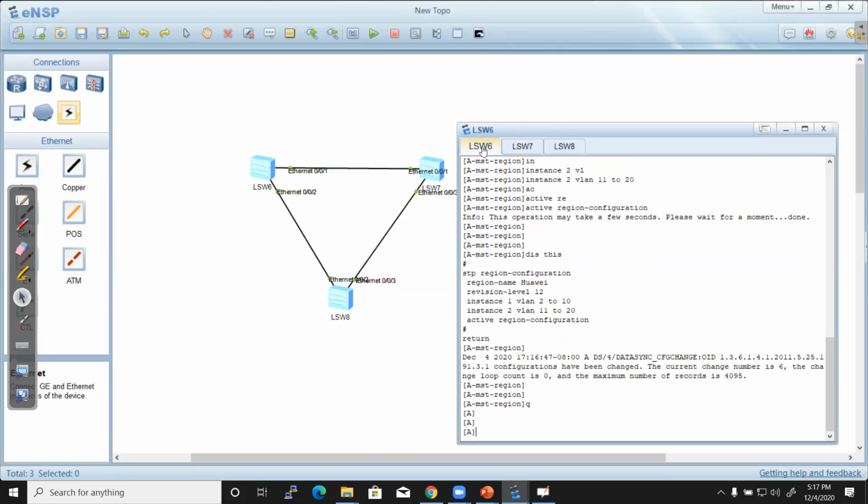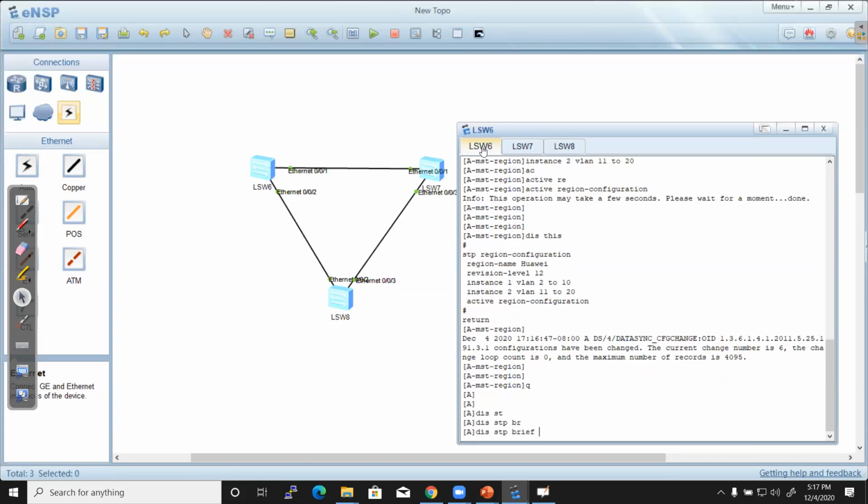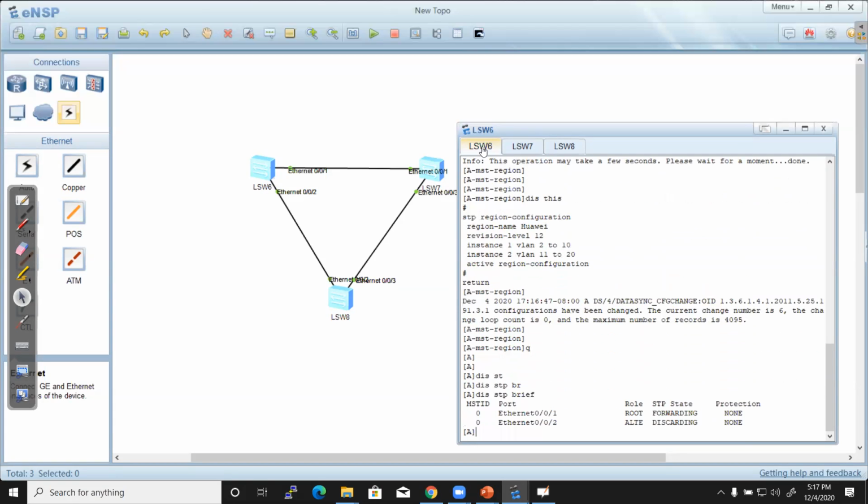So how can we figure it out? Display STP brief. Again, this is in the block state. Okay, so we cannot verify the results unless... yes, I have changed the mode to MSTP, but we didn't configure the priorities.